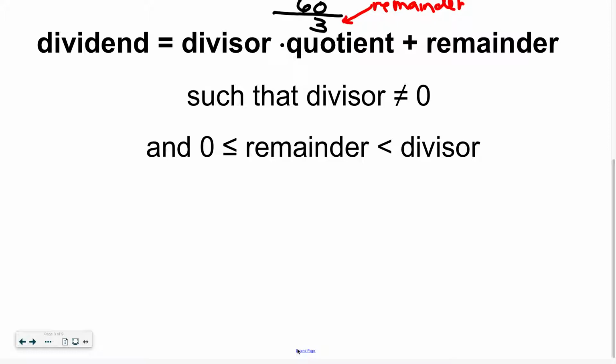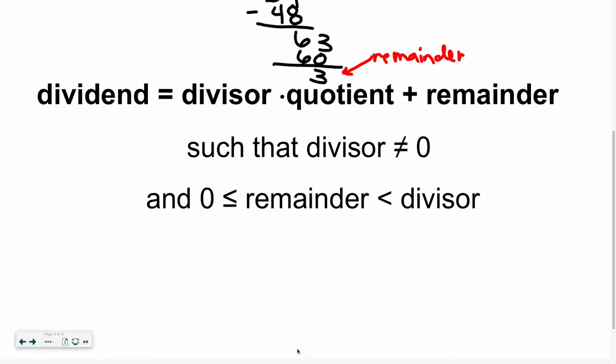So I think we would all agree to those rules as well, that the divisor can't be equal to 0 and the remainder can't be more than the divisor. Okay, so not so scary when it's in number form, right? Or in context of another problem?